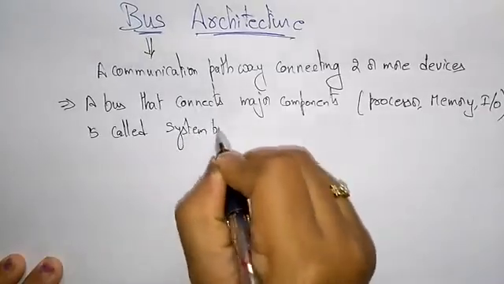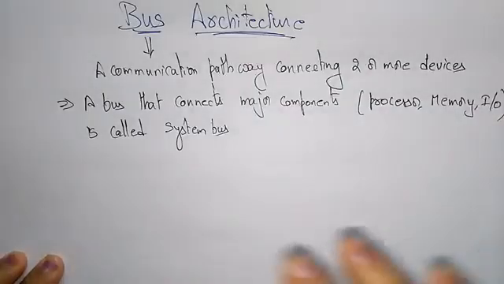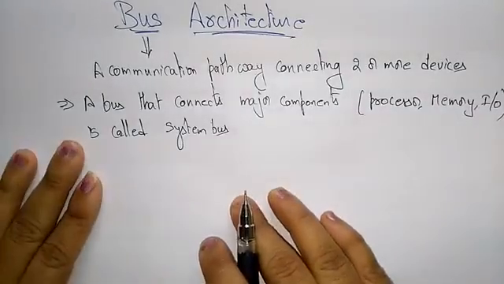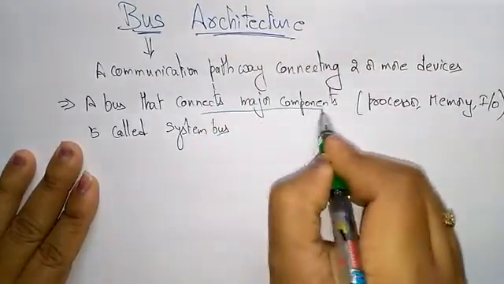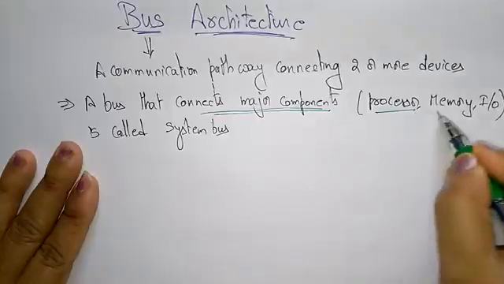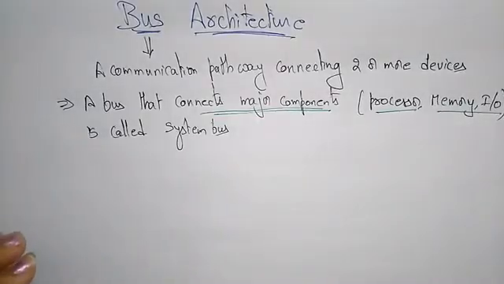So a bus is a way of communicating between two or more devices. And the system bus is the bus that connects the major components in the system like processor, memory and I/O devices.